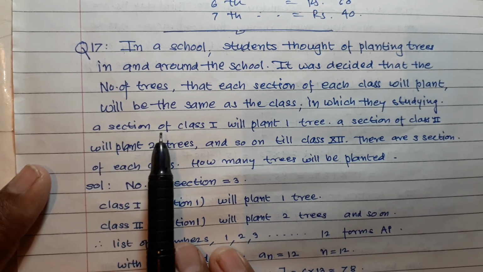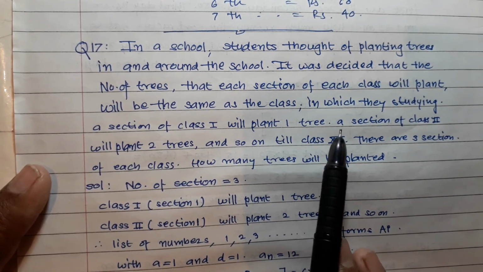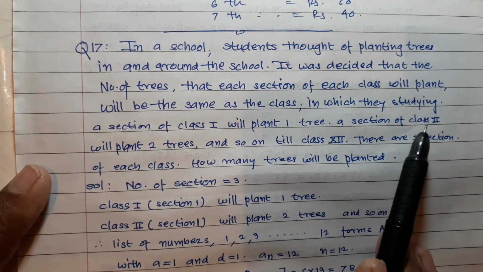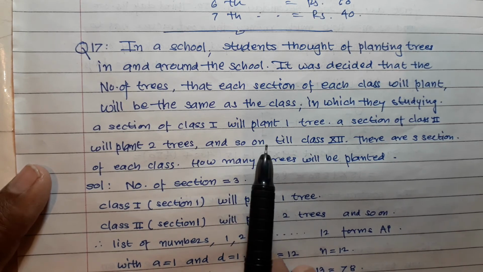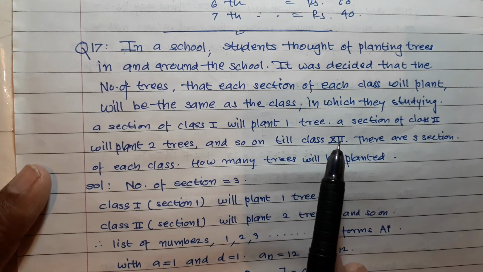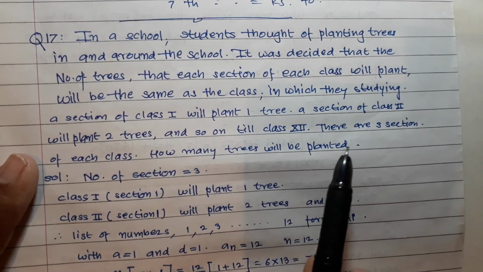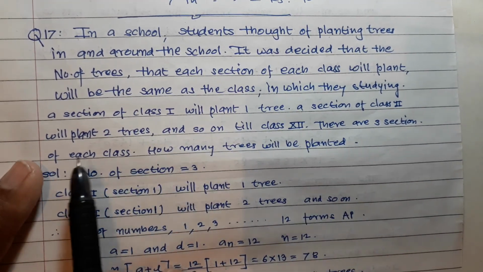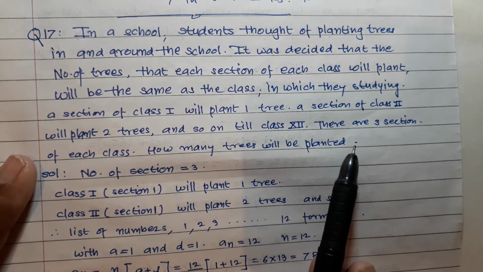A section of class 1 will plant one tree, a section of class 2 will plant 2 trees, and so on till class 12. There are 3 sections of each class. How many trees will be planted?